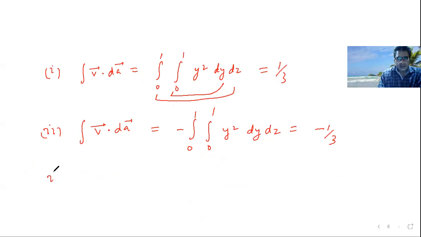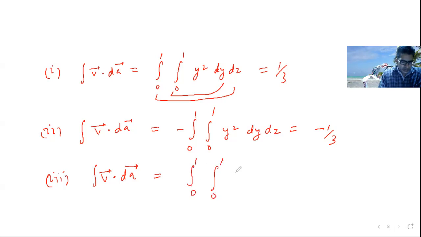Then the third thing, V dot dA, is integral 0 to 1, 0 to 1, 2xy plus z square dx dz. Now why so?